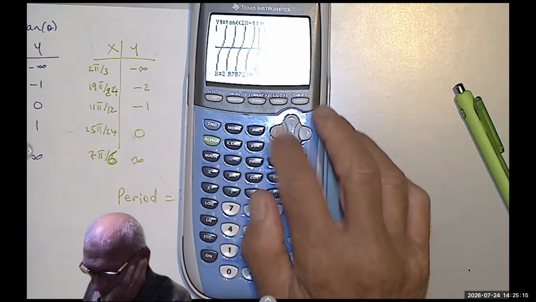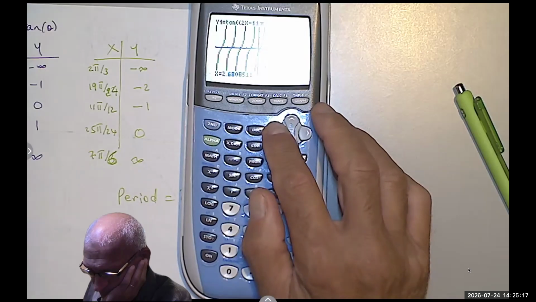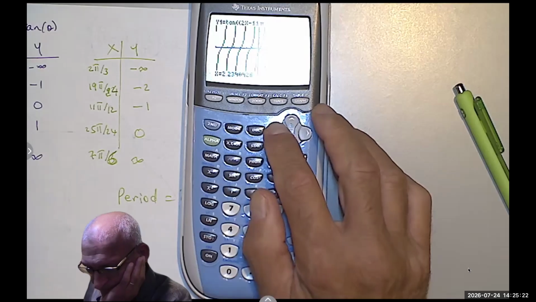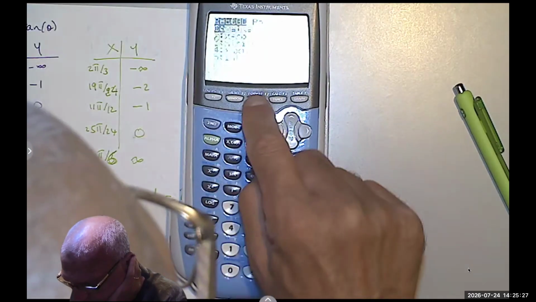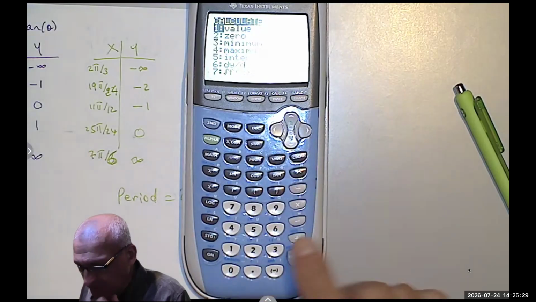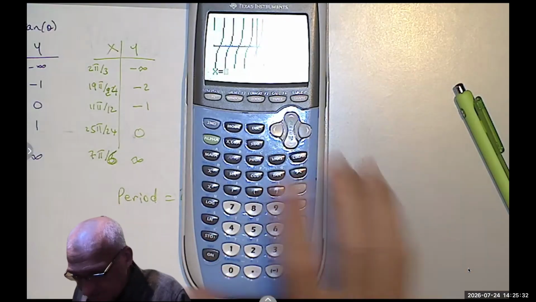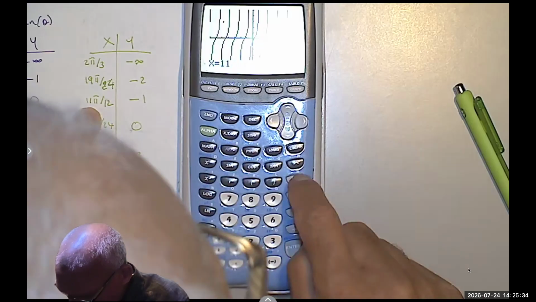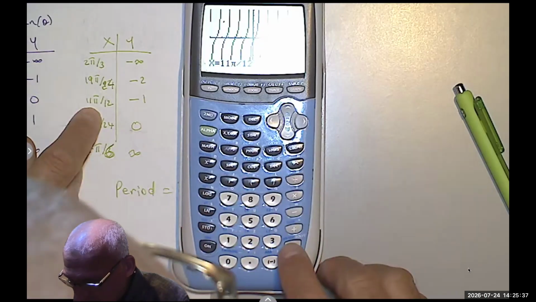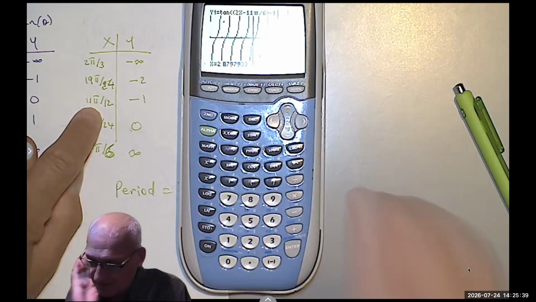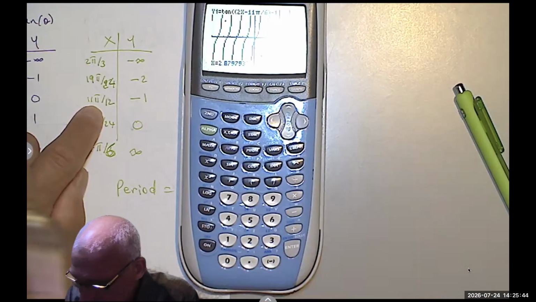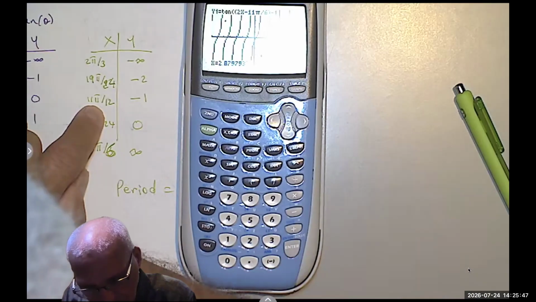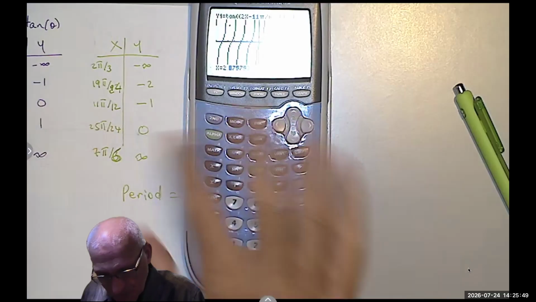Hmm. Let me get, oops, let me get, oh yeah, that's what I want. A value. I'm gonna enter for x, for example, 11 pi over 12. No, I did something wrong. This is, yeah, this is correct. Minus 1. Did we do something wrong here?